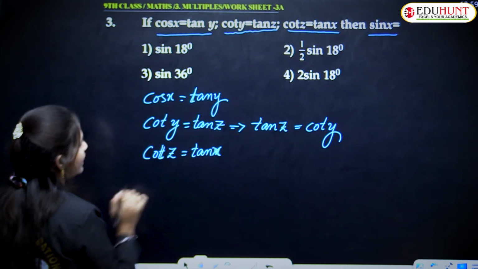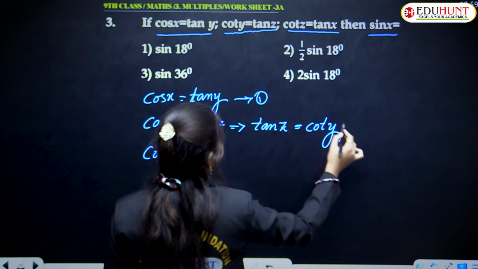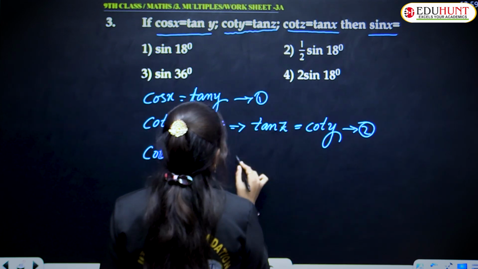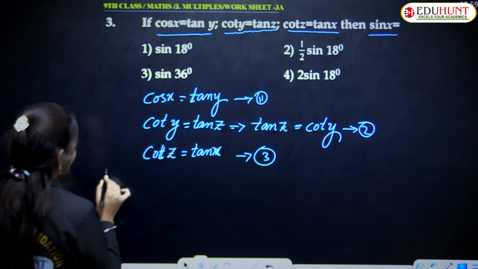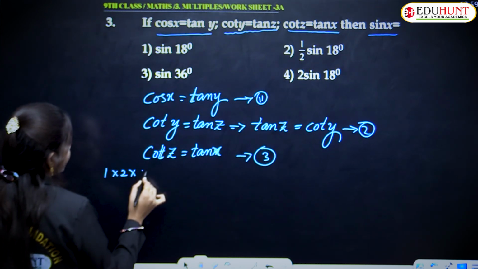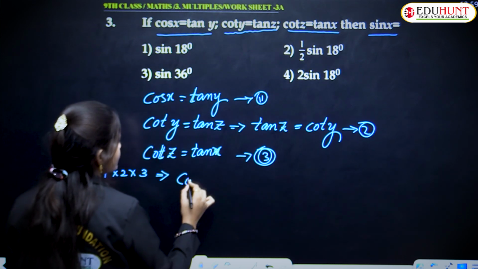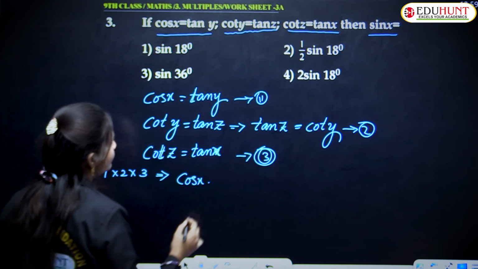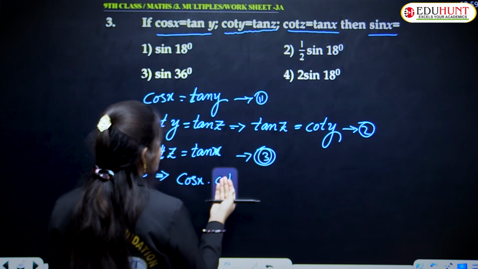Now here I want to take the product of 1, 2, 3. So from this one, what is the first one? LHS: cos x into, sorry, this one we changed it, no?